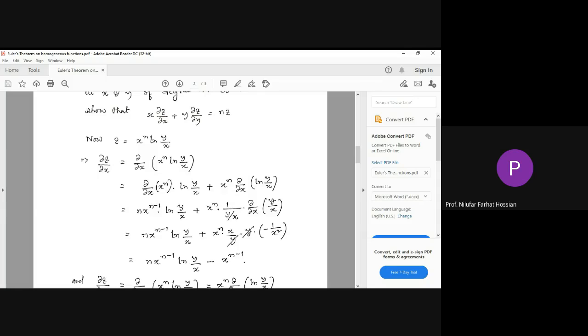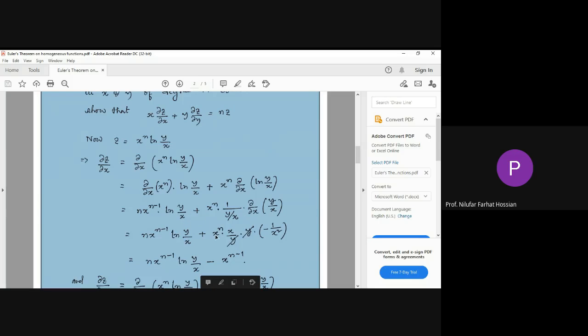So it will be 1 by y by x into del x of, you see, this is not simply x, this is y over x. So you have to differentiate it again with respect to x. So the first term remains as it is, and here x to the power n into this x goes up, y comes down, and here what is the derivative of this?